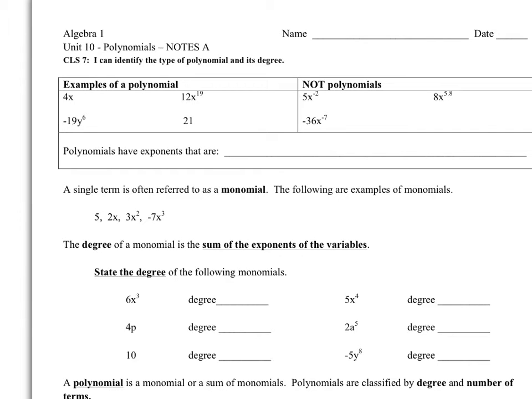If we look at the exponents, the main difference is that we have whole numbers on the left and integers and rational numbers on the right. Polynomials have exponents that have to be whole numbers. Negative exponents, remember, create a denominator, so those would not be polynomials, those would be what's called rational expressions.